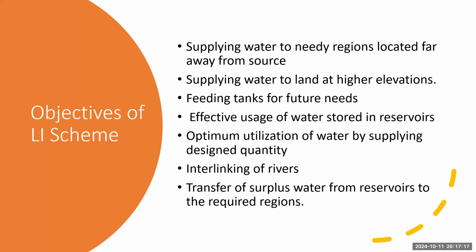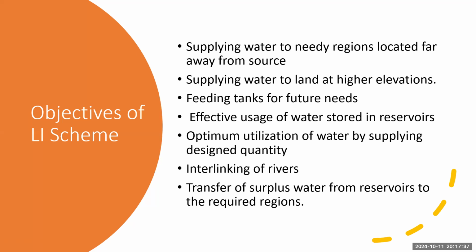So in lift irrigation scheme, there is an optimum utilization of water because here water needs to be lifted. In a flow irrigation system, there is no power requirement to supply water to the command area.